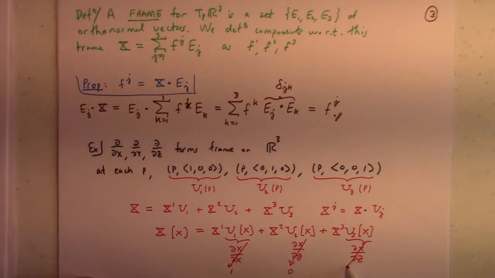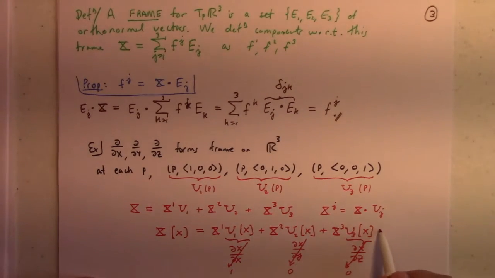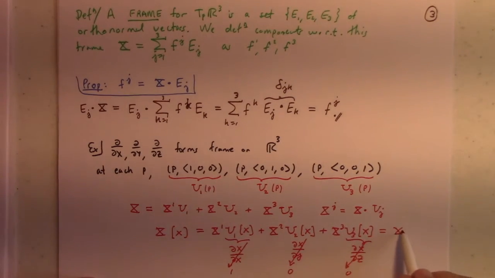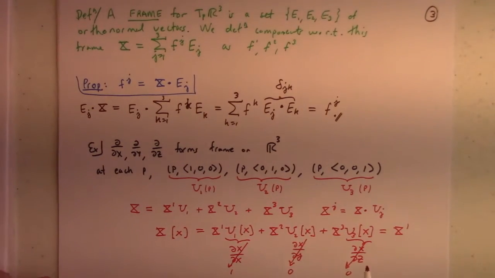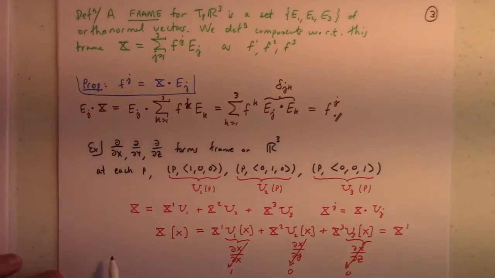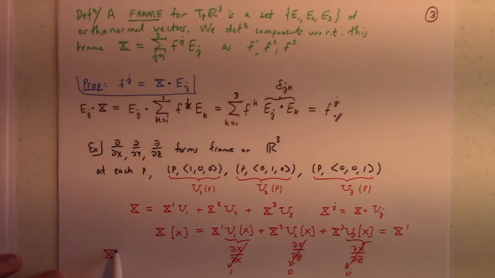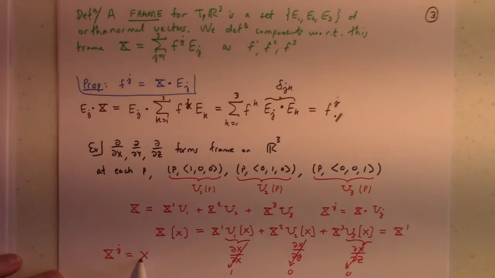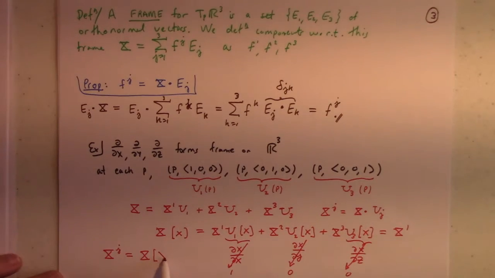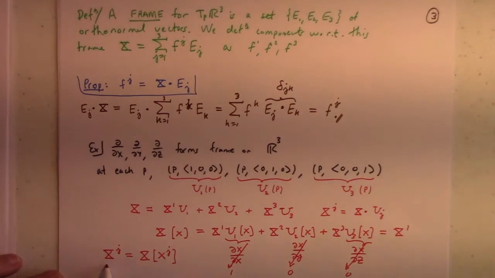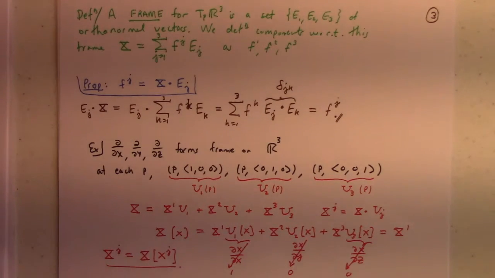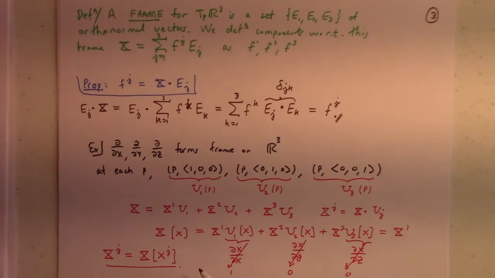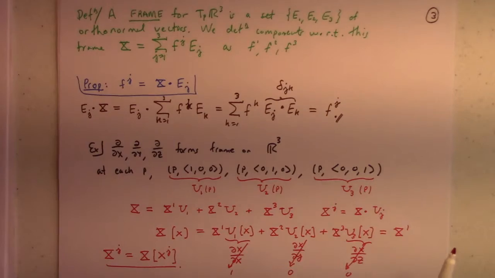So 0, 0, and we just get back x1, right? So in fact, in this special case of the Cartesian frame, we actually do have other formulas which are kind of nice. xj in particular is just the vector field x acting on the jth coordinate function. So that's a nice special thing to the Cartesian frame.